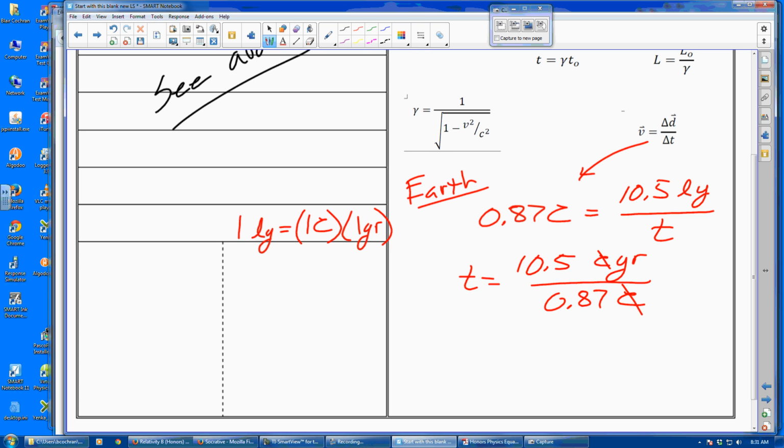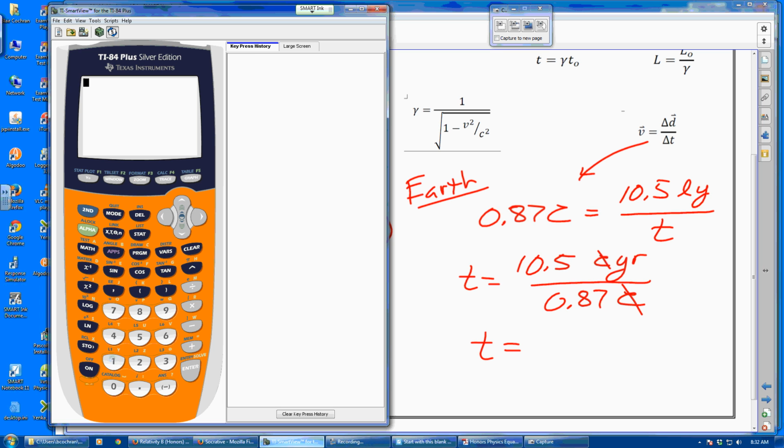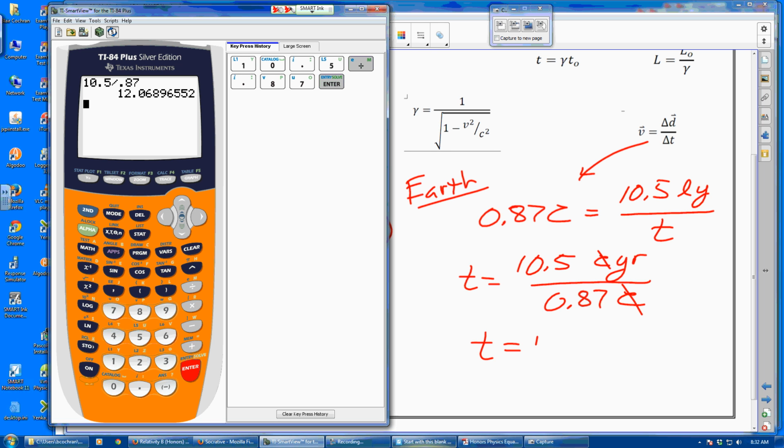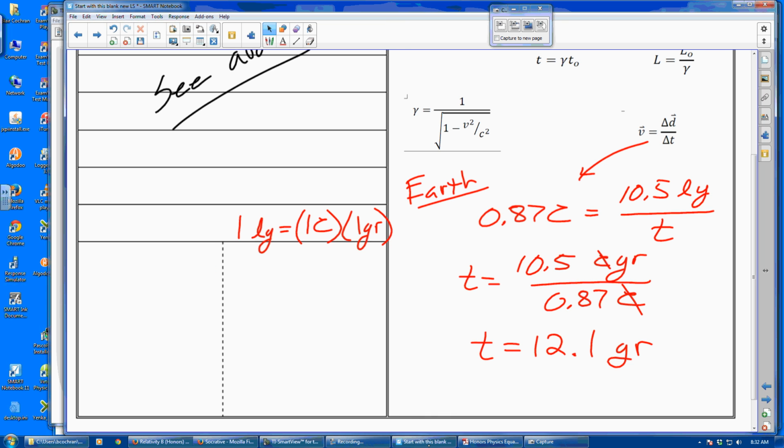My c's cancel out, and I find a time of 10.5 divided by 0.87, and I get a time of 12.1 years. So that's how long it takes, from the Earth's frame of reference as I'm watching, for them to reach this planet, this star.